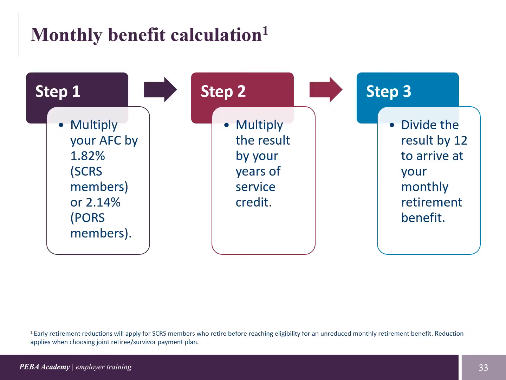To determine the maximum monthly benefit, multiply the AFC by 1.82% if the employee is a SCRS member, or by 2.14% if the employee is a PORS member. Then multiply the result by the total years of service credit. Finally, divide the result by 12 to calculate the gross monthly retirement benefit. This amount will be decreased by any applicable early retirement and joint retiree survivor payment plan reductions.